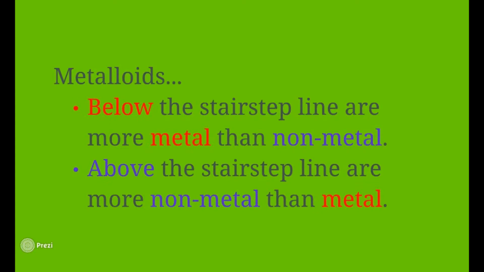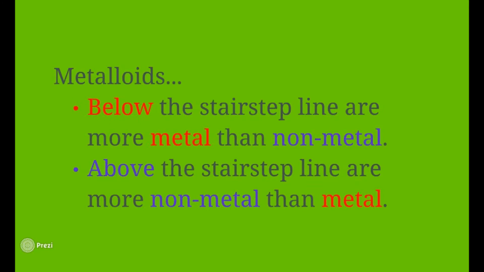And I'll tell you, they're like 60-40. They still have properties of both, but they're kind of right on the line. But we're going to go with their majority of how they act. So for example, like germanium and antimony, and polonium, all these guys are below that stair-step line. They're going to be more metal than they are non-metal. So we're going to treat them like metals.